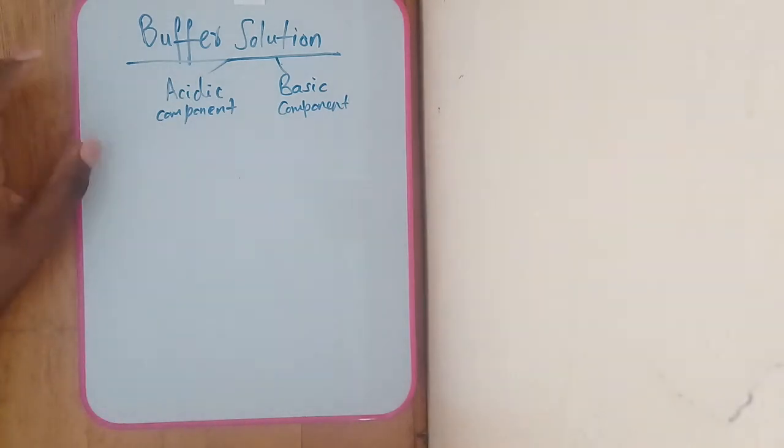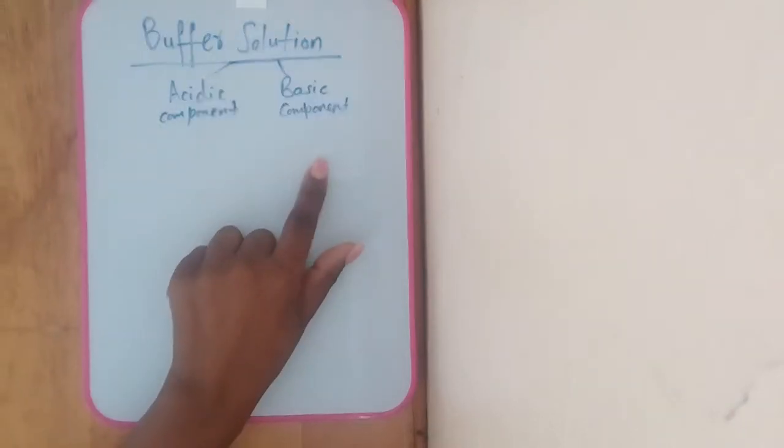The buffer solution consists of acids and bases which are highly concentrated, so that when you add your strong acids or strong bases in small amounts, it will not affect the pH of your solution. The buffer solution is composed of two parts: the acidic component and the basic component.